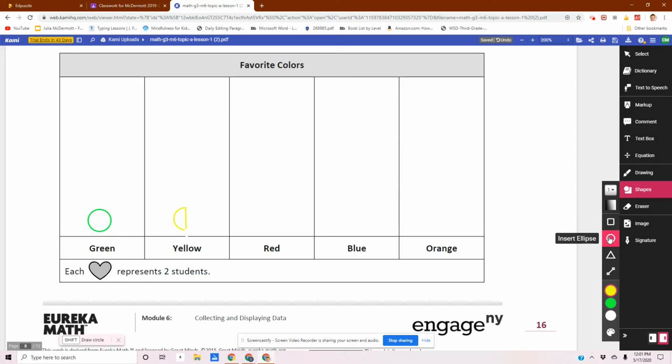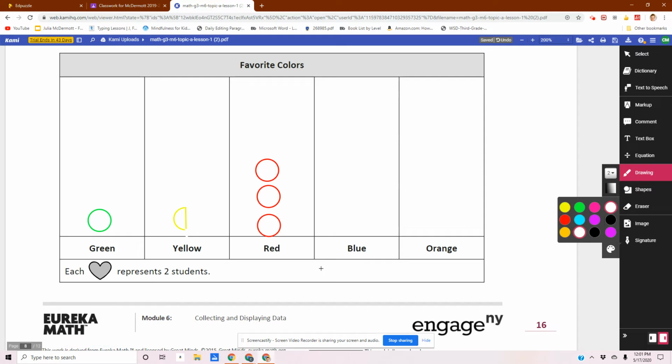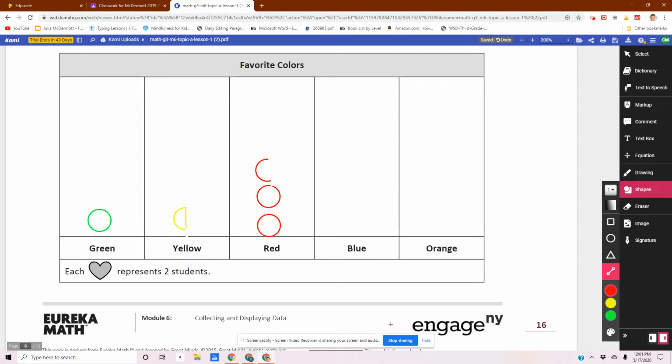And then I have my red, and for red, we had 5. So that means I'm going to put 1, 2, 3, 4, 5, 6, which is too many. So I'm simply going to make this into a half circle. I'm just using white and scribbling on top of it to make it into a half circle. And then if you want, of course, we can just close that with a line right there.